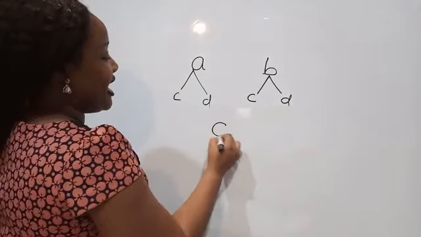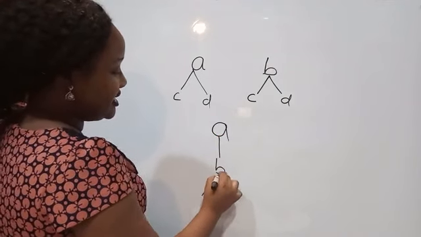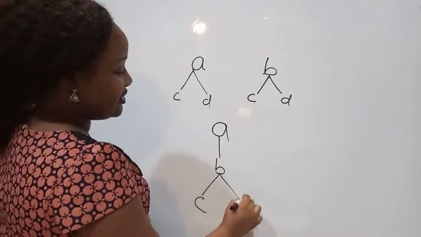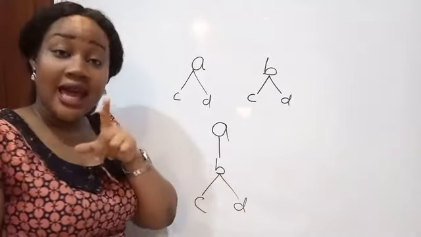Because B is a factor of A, and C and D are factors of B, it means that C and D are factors of A.